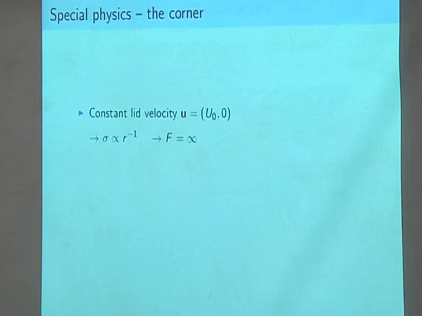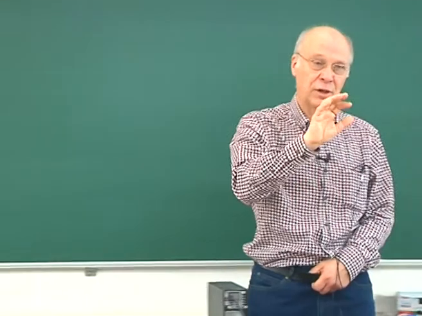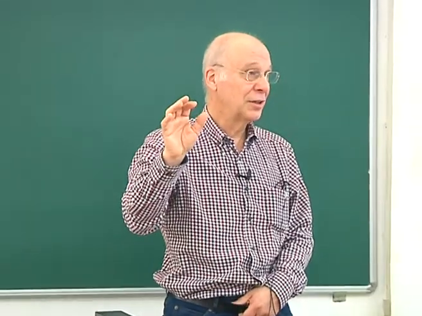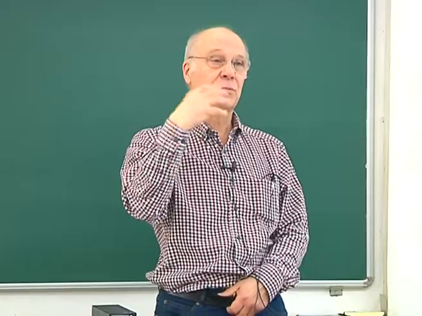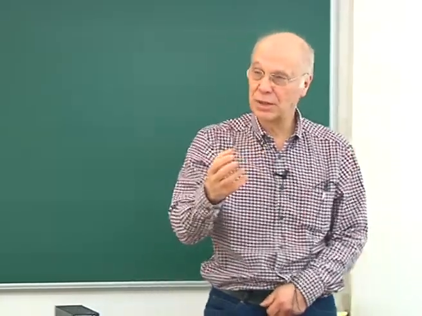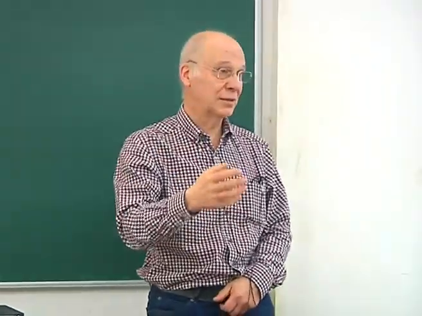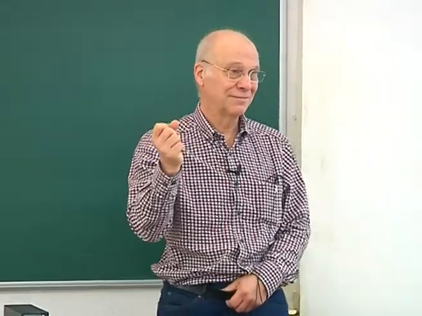And therefore, when you want to integrate the viscous force along the top to find the total force, you're integrating 1 upon x from x equals 0. Doesn't work. True, the computer will give you an answer whenever you ask it a question, but the answer will depend on your spatial resolution. And the more you increase the spatial resolution, the bigger the force gets, because it's trying to be infinity.